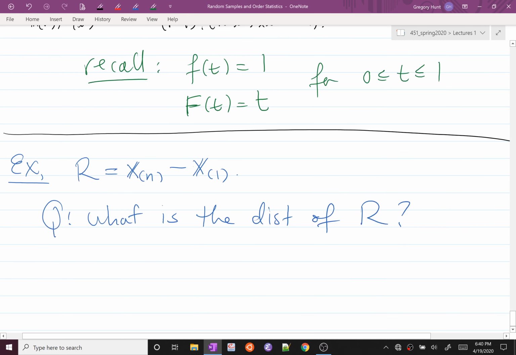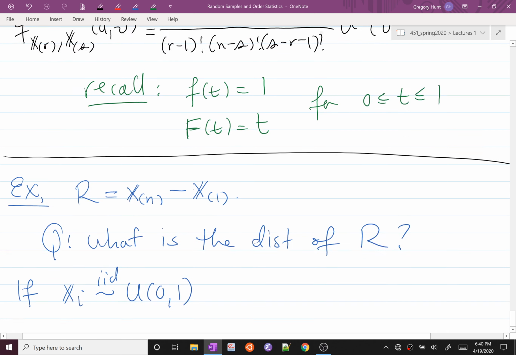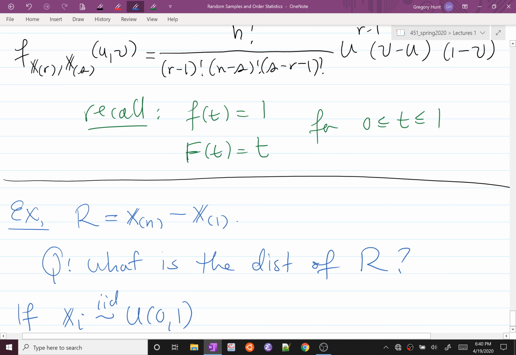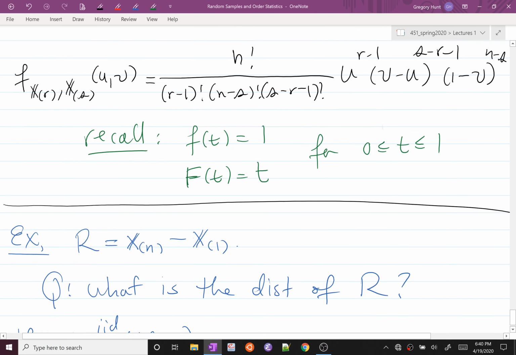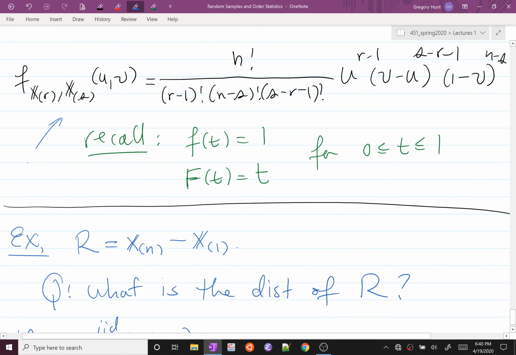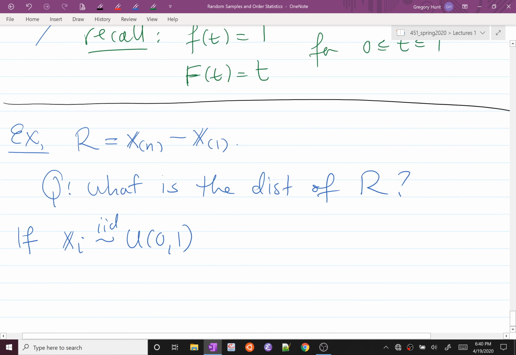Now, if my underlying random sample comes from a uniform 0, 1 distribution, I know what the joint distribution of x of 1 and x of n is, as given by this formula. And so I should be able to get the distribution of the range. How can we get that? Well, it's a bivariate transformation problem.